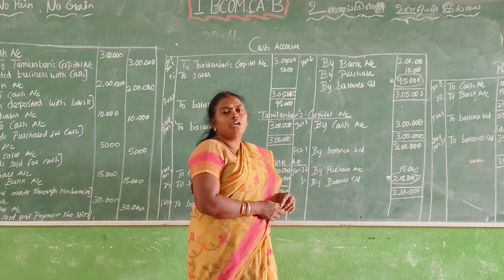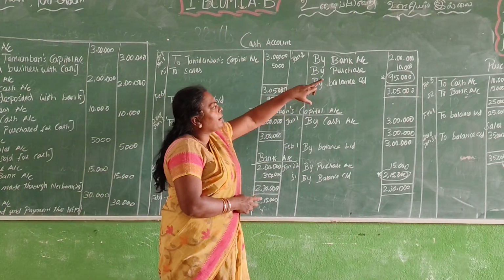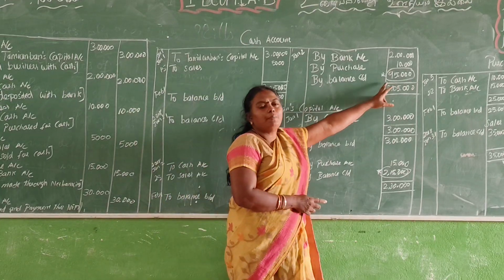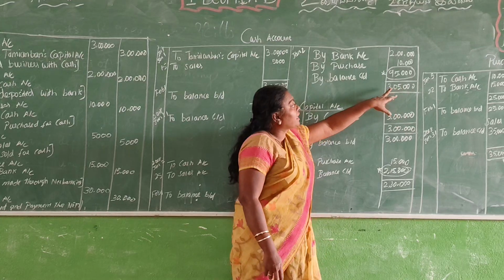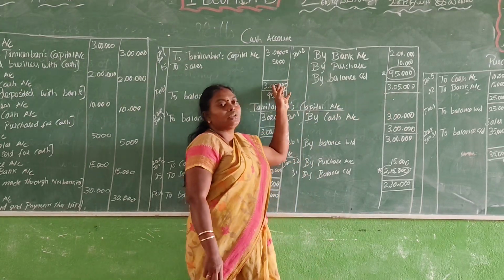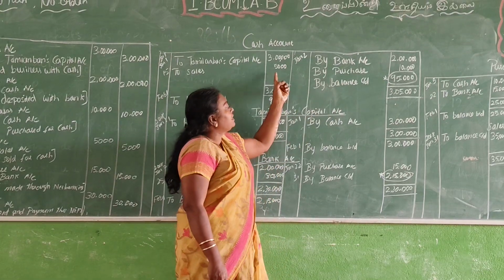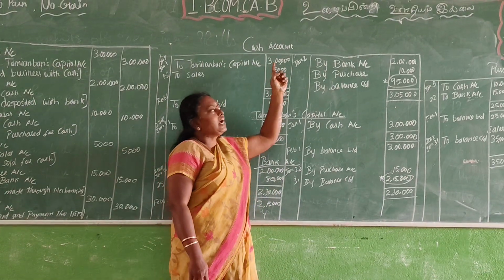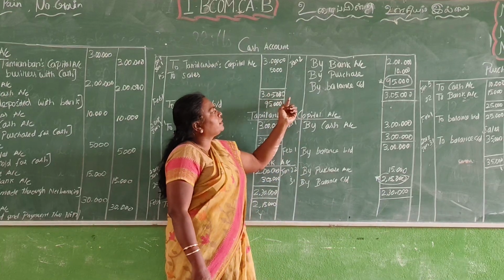What is the total amount? 2 lakh 10,000. So 3 lakh 5,000 minus 2 lakh 10,000. What will be the amount? 95,000. The debit side total is higher than the credit side total. Can you understand? Debit side total is higher than the credit side total. So you subtract 2 lakh 10,000 from 3 lakh 5,000.